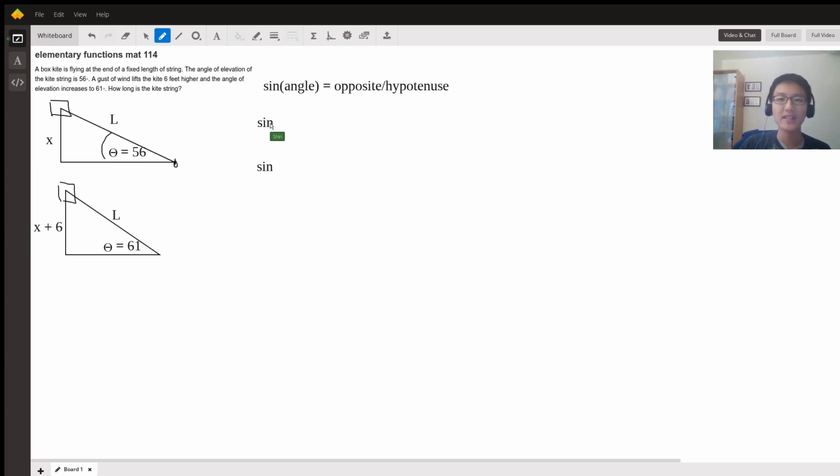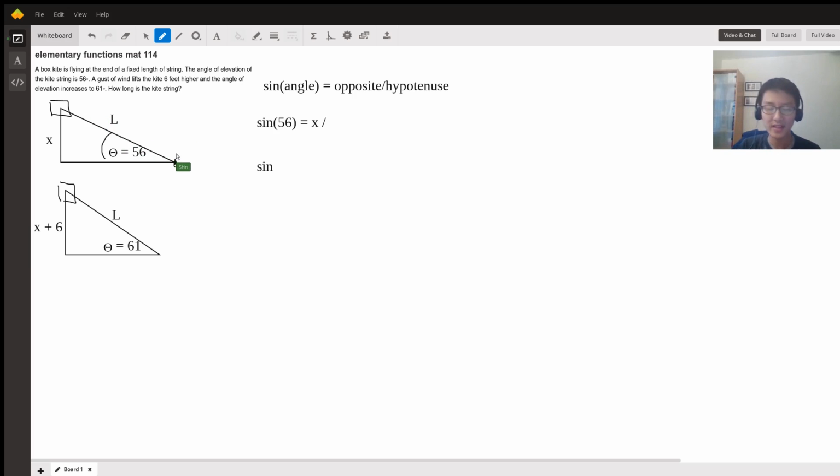So let's start making the equations here. Remember that sine of a certain angle is equal to the opposite divided by the hypotenuse. So if you look at the first triangle here, the sine of the angle 56 is equal to the opposite of the angle here, which is x, divided by the hypotenuse.